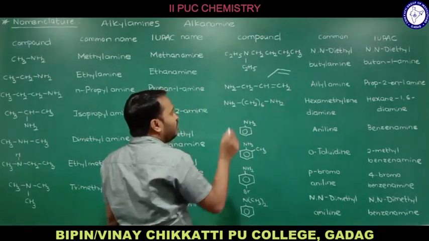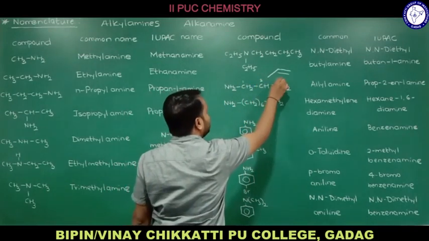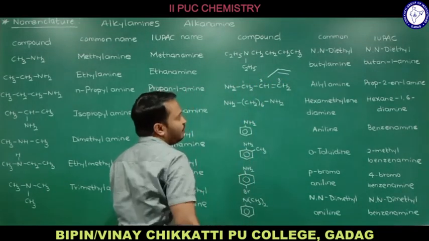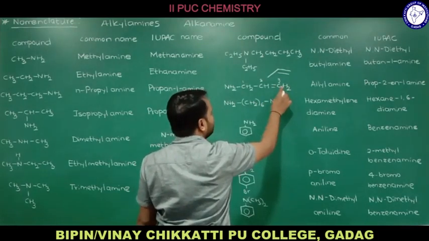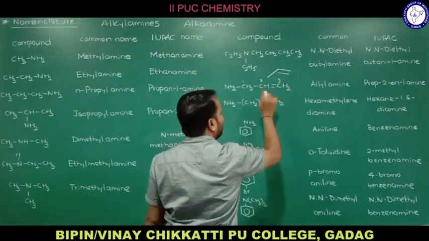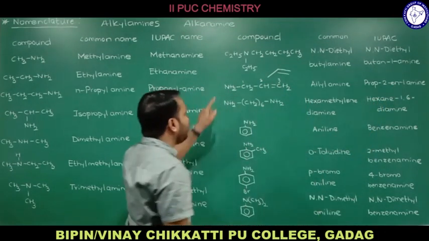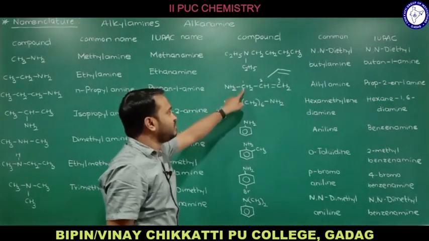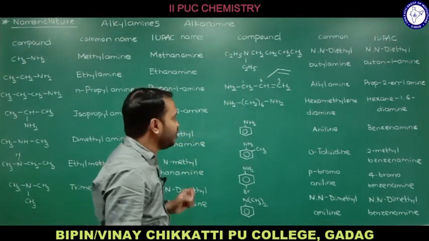If you go on the numbering, numbering starts from here 1, 2 and 3, since we have the NH2 group over here, and this compound is prop-2-ene. Why 2-ene? Because after carbon number 2 we have a carbon-carbon double bond, therefore it is prop-2-ene, and the amine group is situated at the first carbon, therefore prop-2-ene-1-amine will be the IUPAC name.